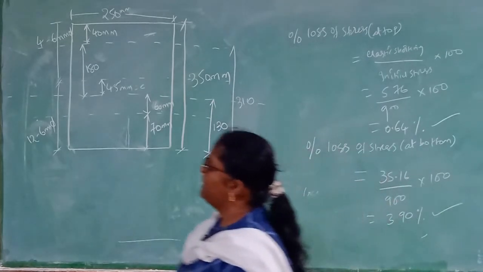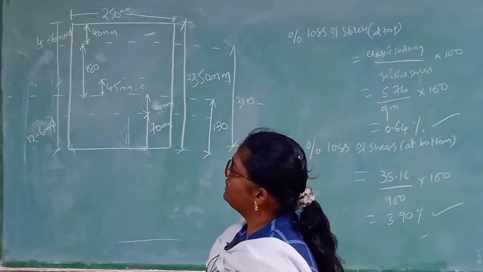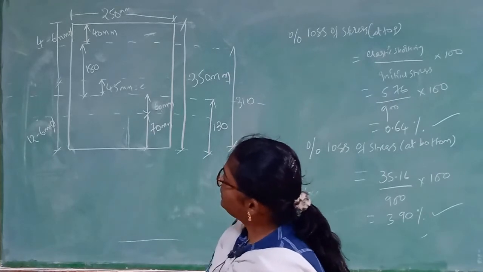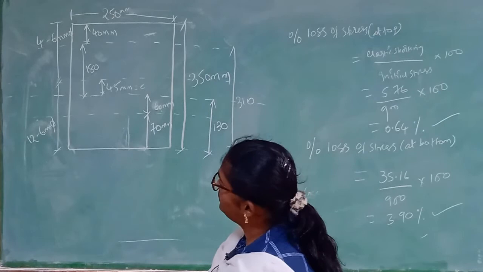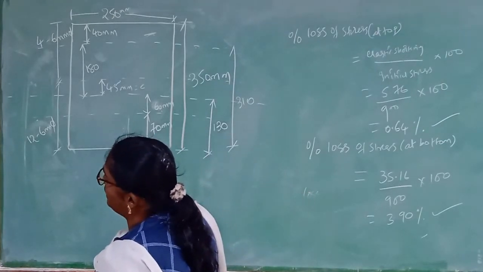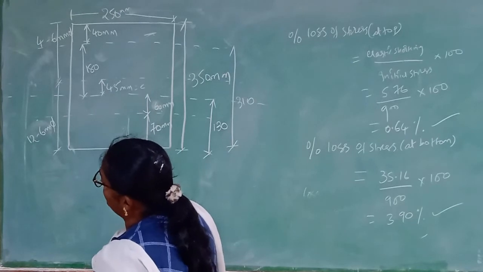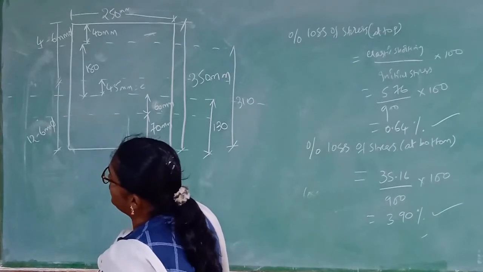So right, see everyone, in the question what did he give? The pre-stressed rectangular section 250 mm wide and 350 mm deep is provided with 12 high tension wires of 6 mm dia located at 70 mm from the bottom, right?